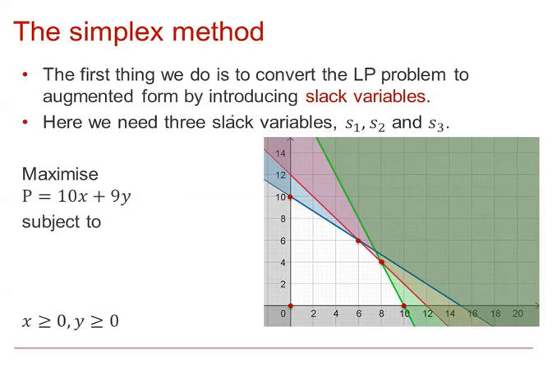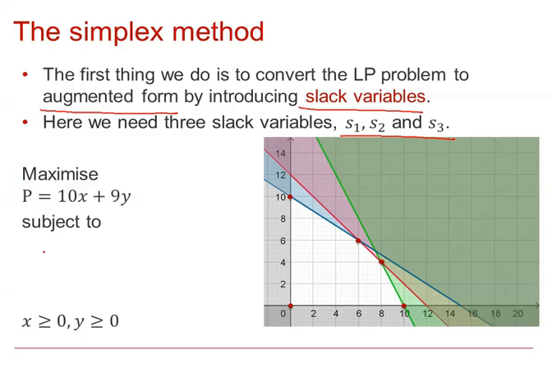So the first thing we need to do is to convert the problem to its augmented form by introducing slack variables. So here we will need 3 slack variables, S1, S2 and S3, since we have 3 constraints.